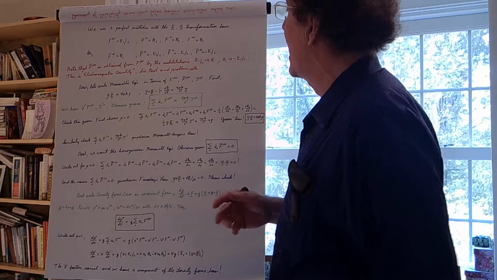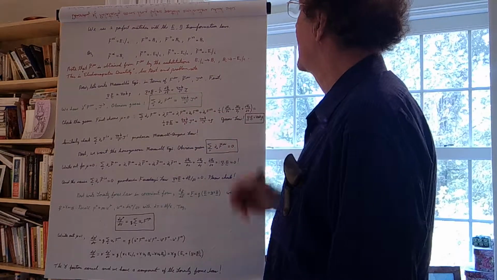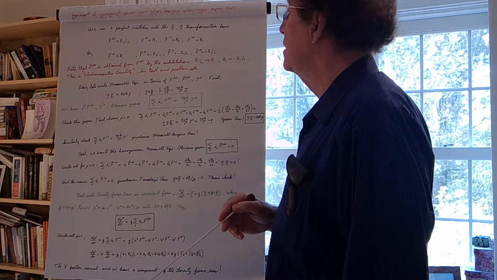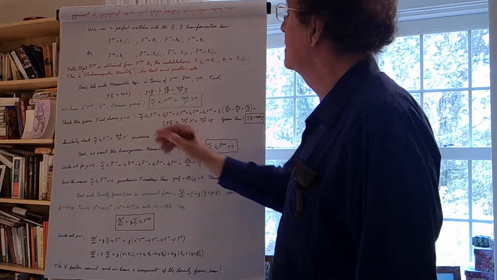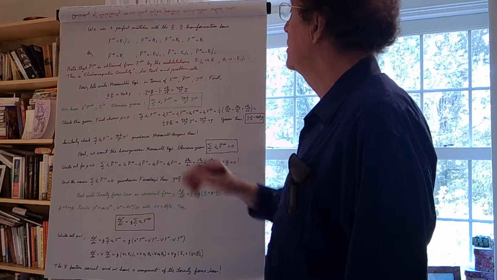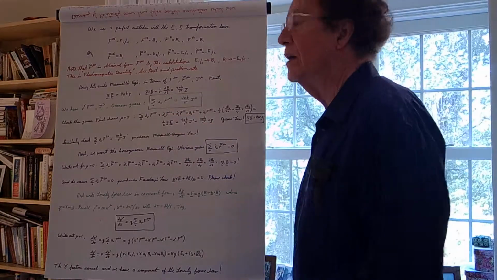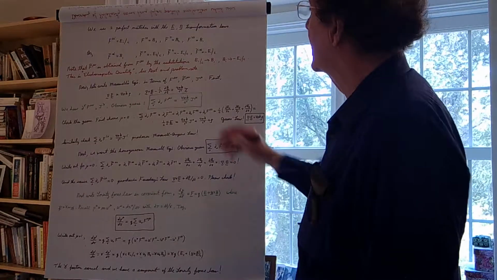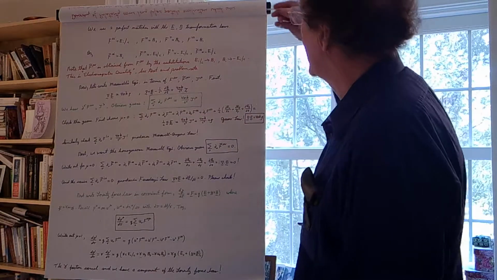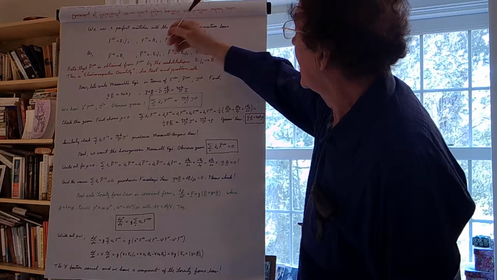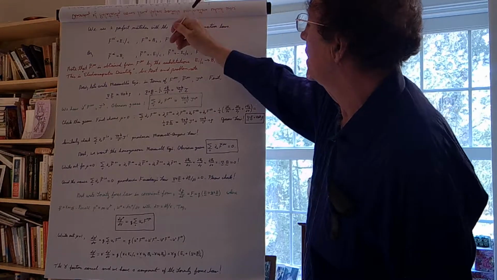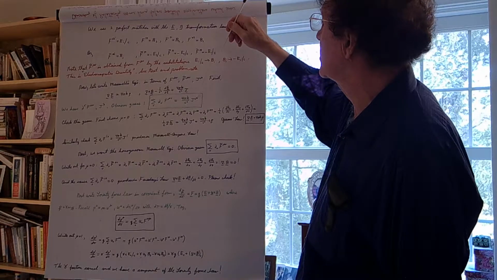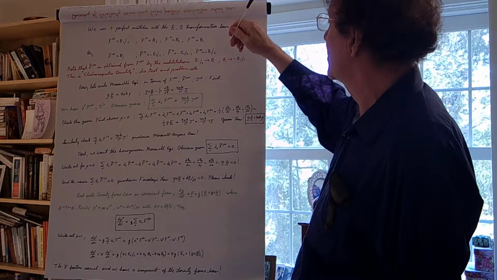The objects that I have at my disposal to rewrite Maxwell's equations with sources are the gradient operation, which is a 4-vector, I've written it here, F mu nu, and the 4-vector current density. I want to play with them and see if I can write this in a way which is manifestly covariant. On the right-hand side, I see charge density and current density, so I'll try to write a covariant equation with J mu on the right-hand side, the source.